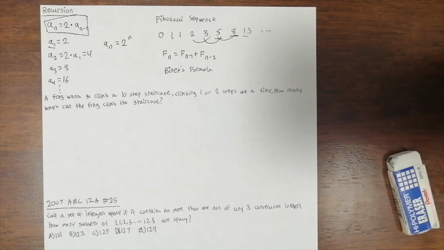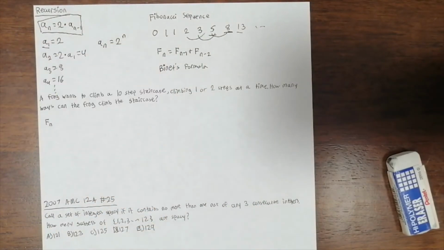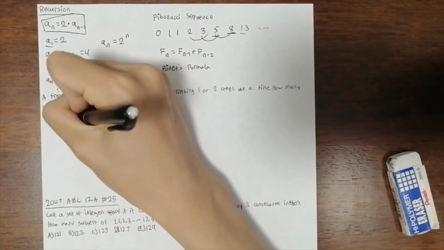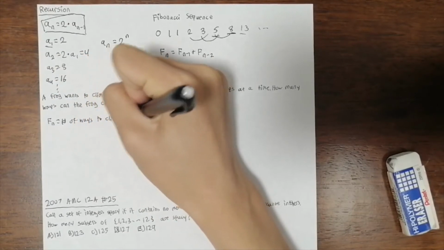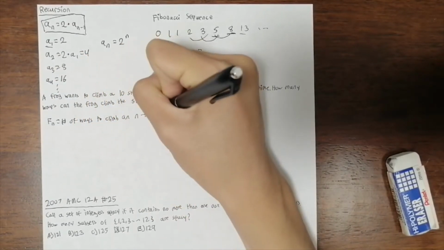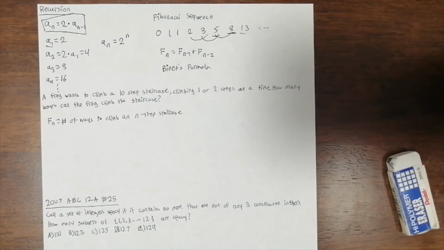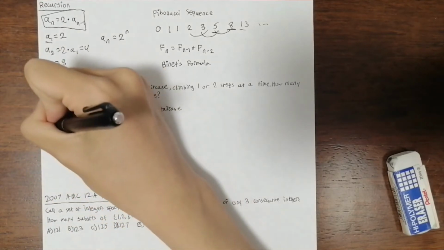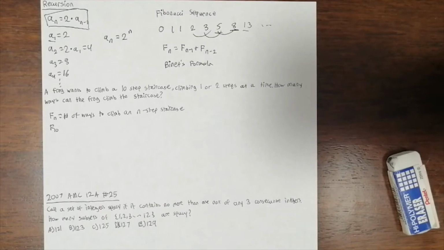To solve this, we first need a definition. Let's say f sub n is equal to the number of ways to climb an n-step staircase. So what we're looking for is the term f sub 10, because that would be the number of ways to climb a 10-step staircase.